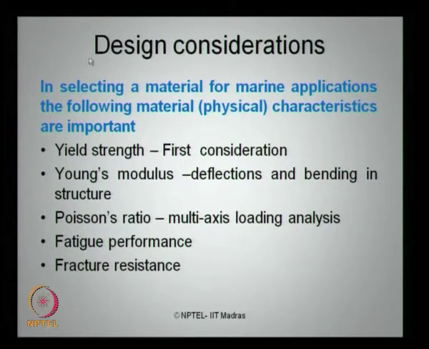So from the design point of view, yield strength, Young's modulus, Poisson's ratio are very important. Sometimes in design considerations fatigue and fracture resistance are also equally necessary to be focused on before we select a material for marine environment. So I put all of them as physical characteristics for selection of material.